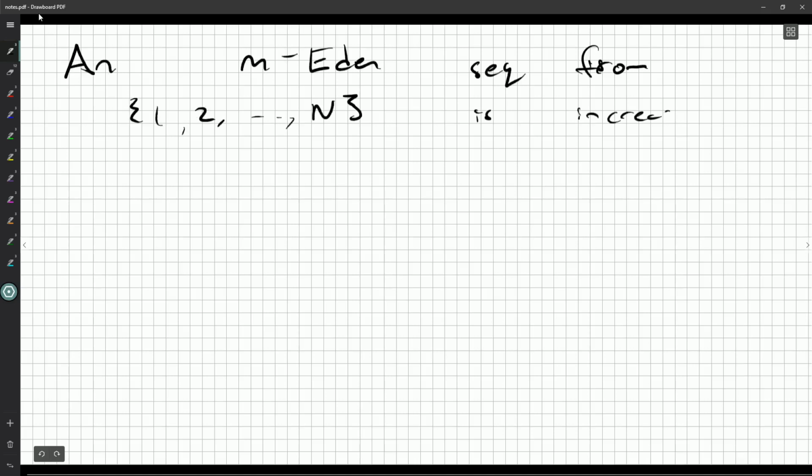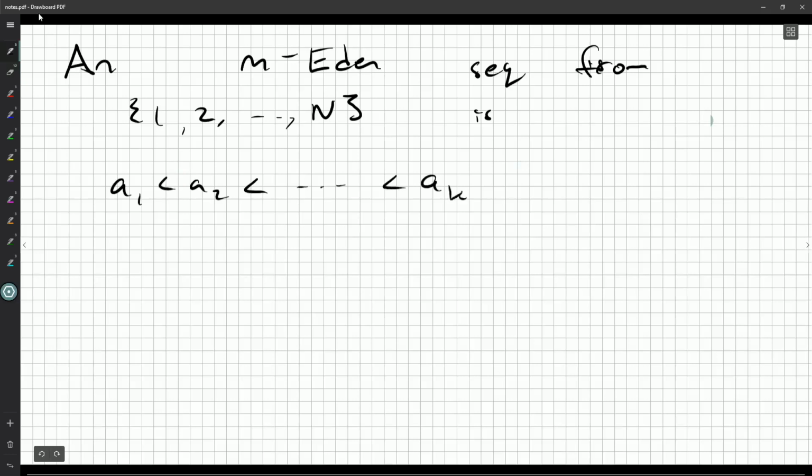It is increasing, only uses these numbers, and here's the new thing. I'll say it is a sequence A1, A2, all the way up to AK.